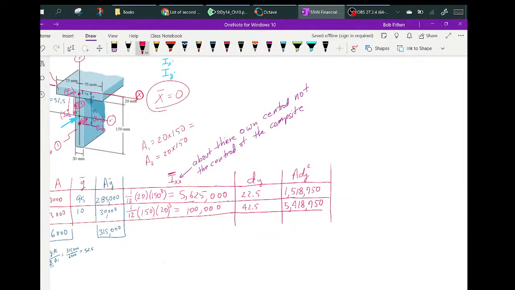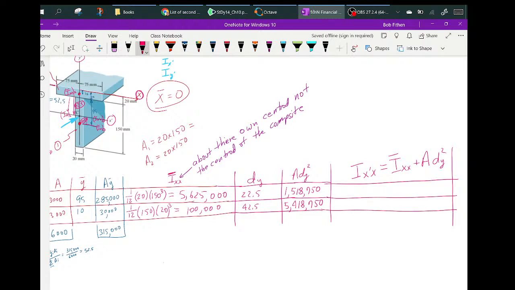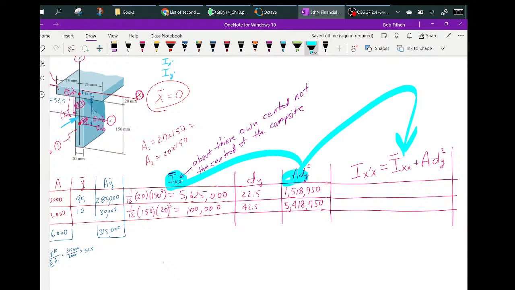Now I want to do I x tilde. I x tilde is equal to I bar xx plus A dy squared. So a fairly wide column. So what I'm doing, pretty simple, is taking this, adding to that, and putting it here.